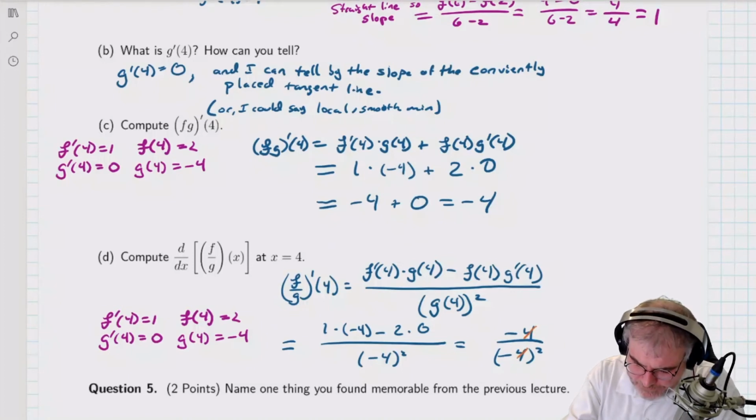That is going to be -1 over -4, which is going to be 1 over 4.